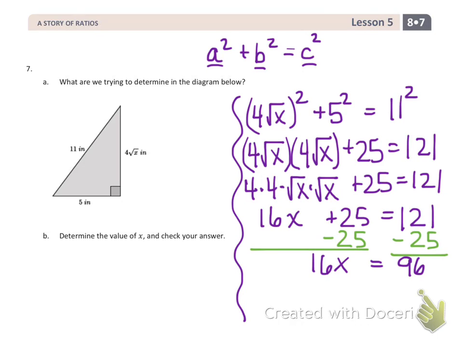And now, notice I don't have any squared terms in this anymore, but I just need to solve for x. Divide by 16, and I get x is equal to 6. There. Okay, so the length of that side is 4 times the square root of 6.